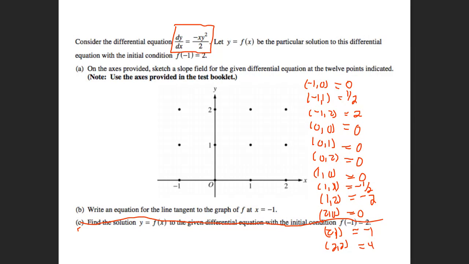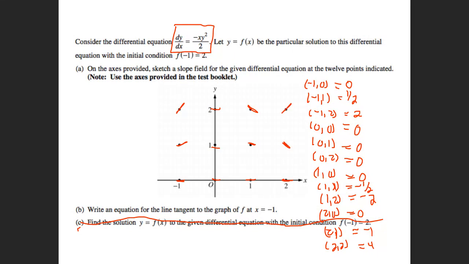Good. Yep. And that's as easy as it gets. And then you just, okay, so I've got 0 slope here, 1/2 slope here, 2 slope here. And then I've got 0, 0, 0, and then 0 here, -1/2, which is over here, -2. Then we've got 0 again, -1, and +4. So there's my slope field, and that's all they're going to be asking.